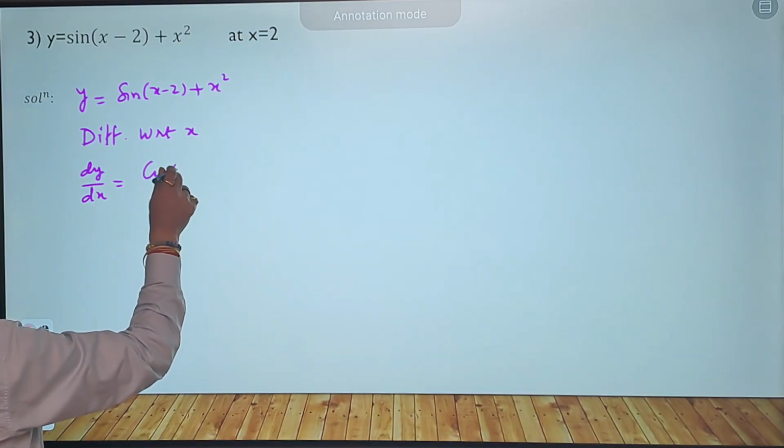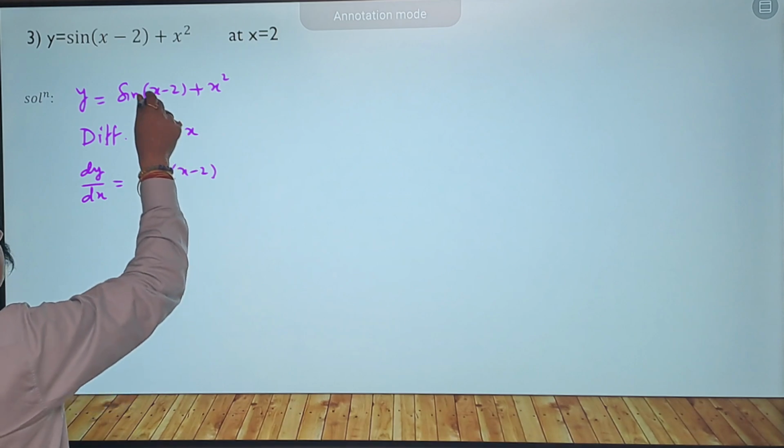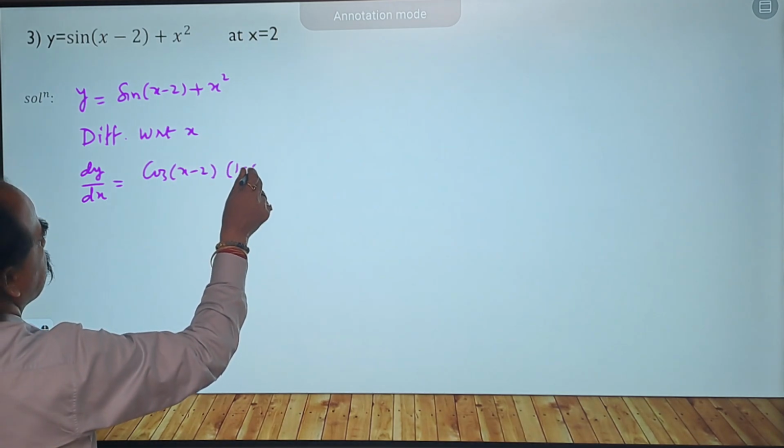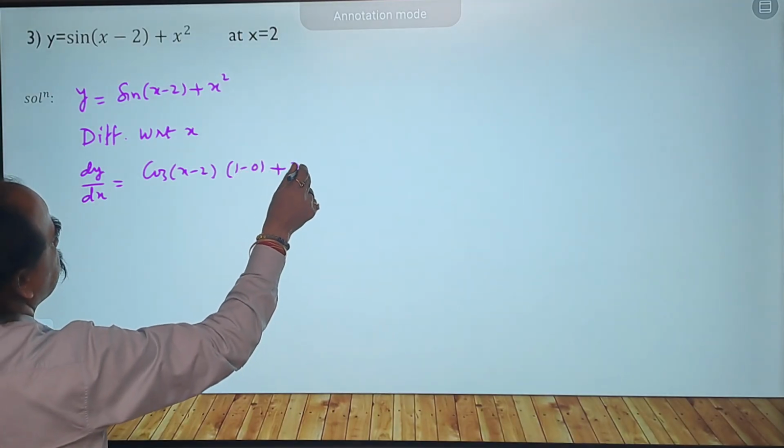Cos x minus 2 into derivative of x minus 2, which is 1 minus 0, plus 2x.